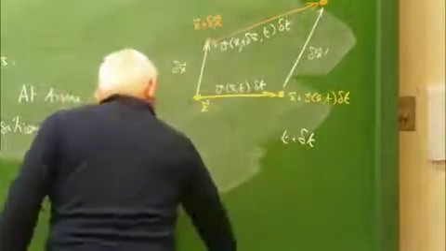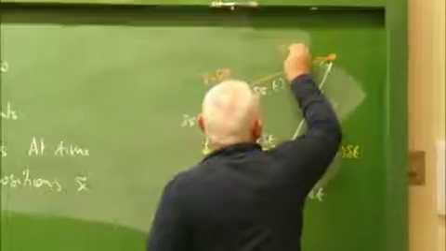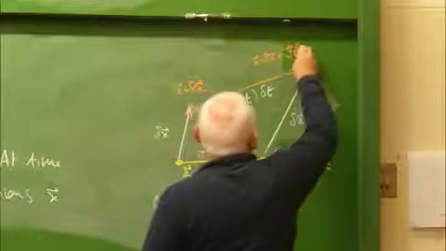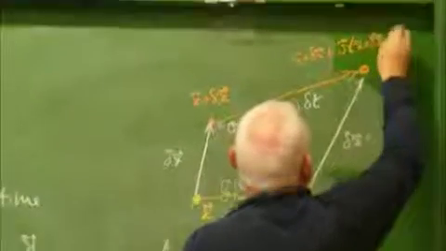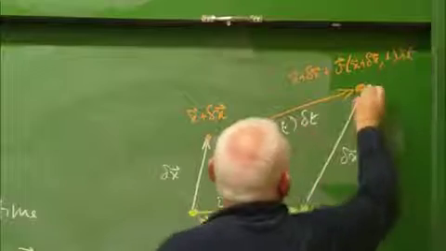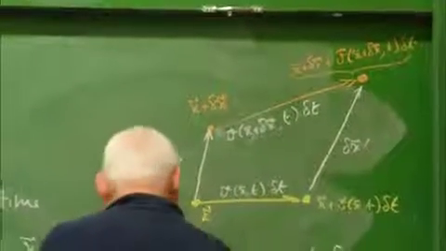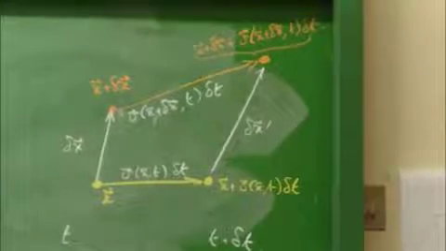The new position of the orange point will be x plus delta x plus v at x plus delta x and at time t times delta t. That is this position here.